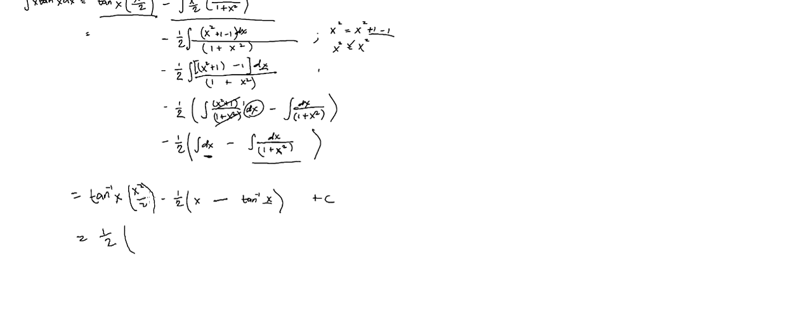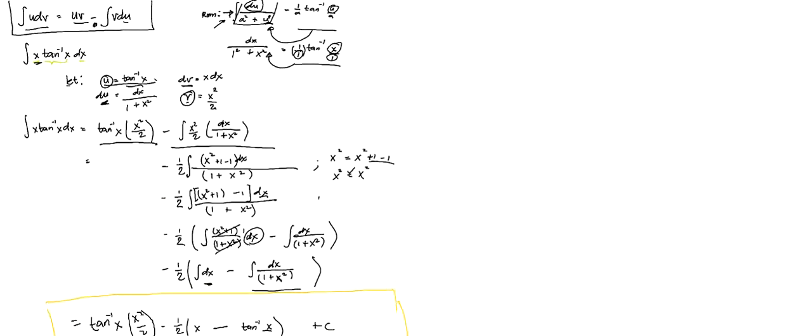Then what remains here is x squared arctan x, minus this one, x, then plus tangent negative 1 of x. So x squared arctan x minus x plus arctan x, then plus c. So this is now our final answer.